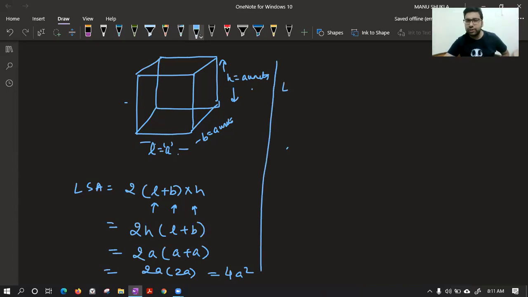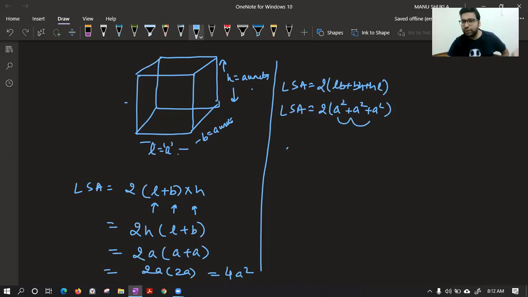Similarly, we have seen the total surface area of cuboid was 2(lb + bh + hl). This time also we know they are all equal. Just put it equal to a. You will get 2(a square + a square + a square). Simple, because a into a is a square. Now we all know these three are like terms. They can be added.